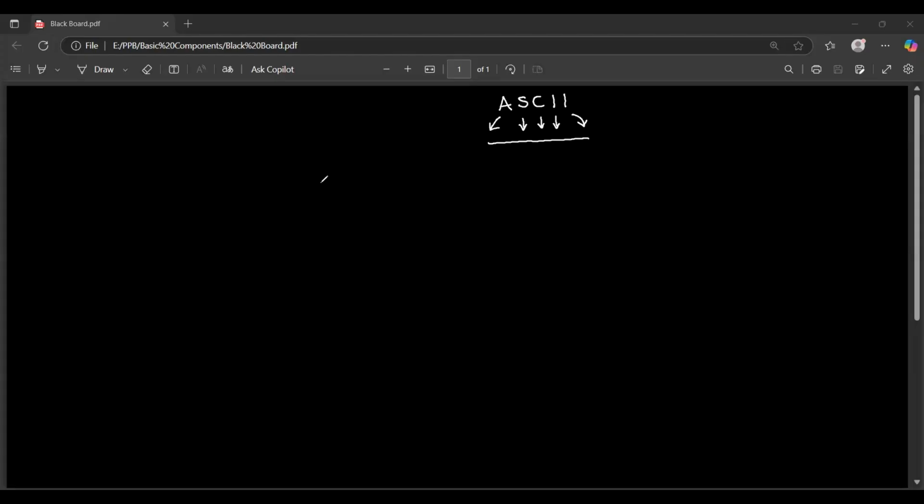Well, ASCII is used to represent characters, not only numbers. You can represent uppercase alphabets, lowercase alphabets, even numbers 0 to 9.